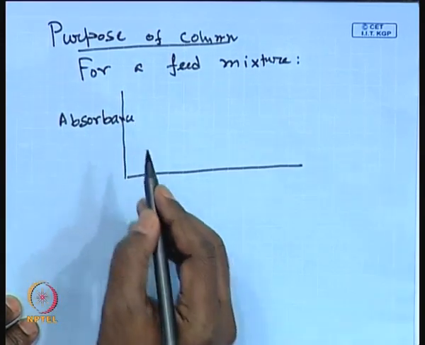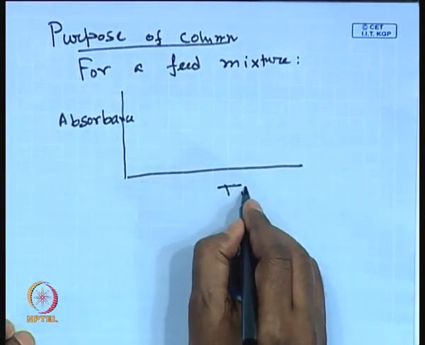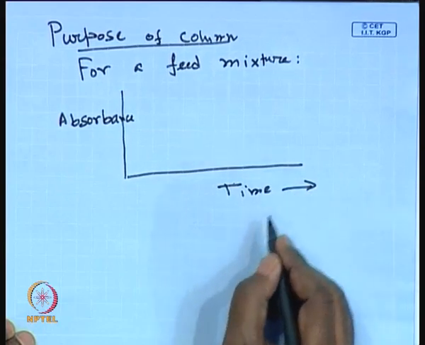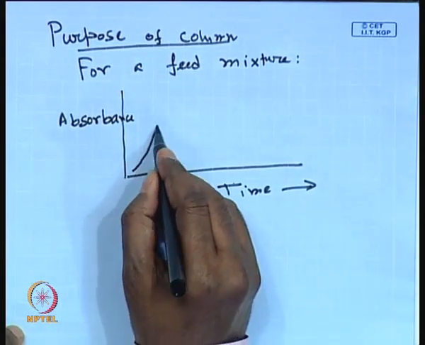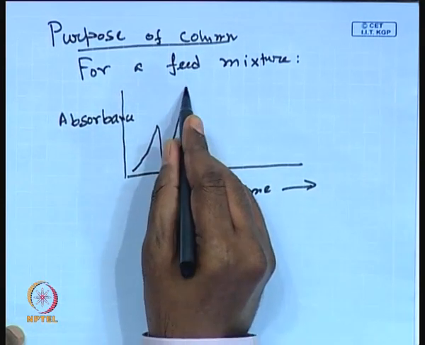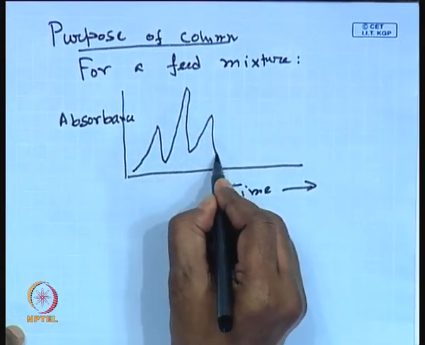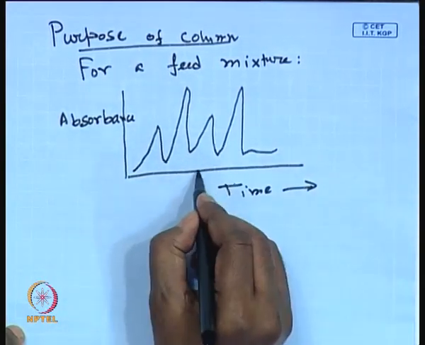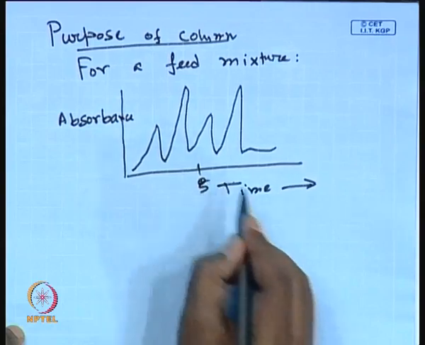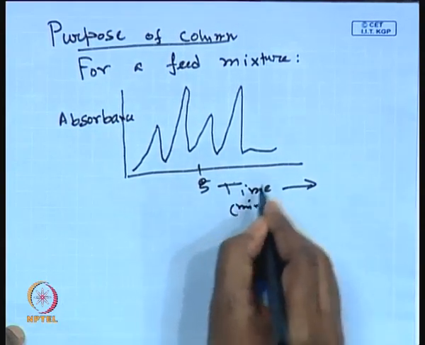If you look at the absorbance value against time, the residence time of each material going through the column, you will get various peaks. The area under each peak corresponds to, let us say, 5 minute, 10 minute.